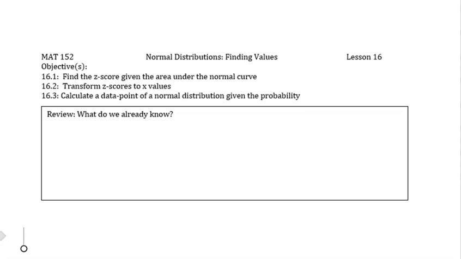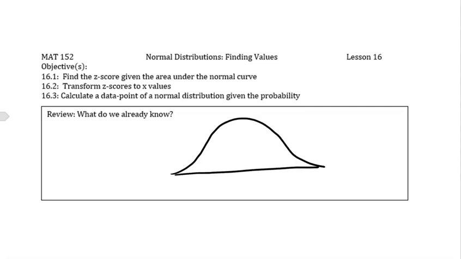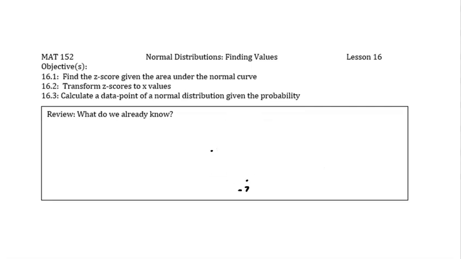And then finally, our third objective will be very similar to the first objective, but this time, instead of telling the z-score that gave us a probability, what was the x value that gave us that probability? So there's this kind of relationship between x, z, and the probabilities.